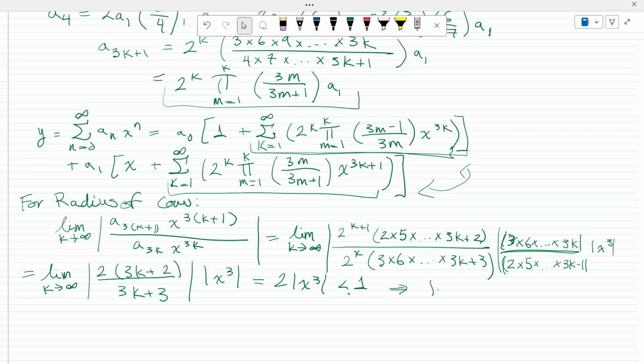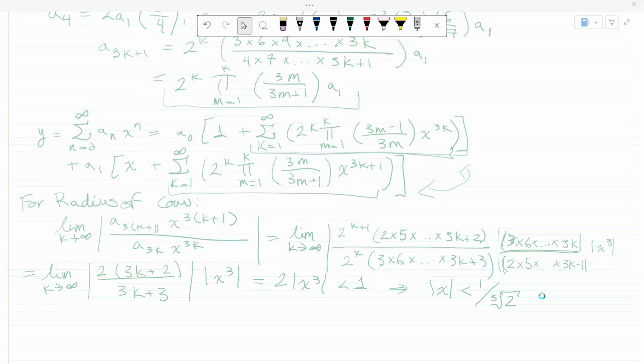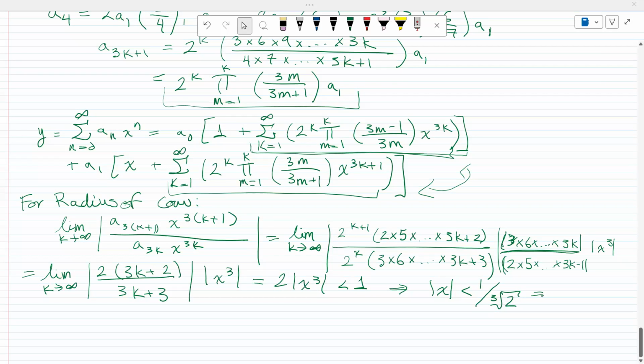And so we get that our radius of convergence is bounded above by 1 over the cube root of 2. So we can set this to be equal to rho 1.